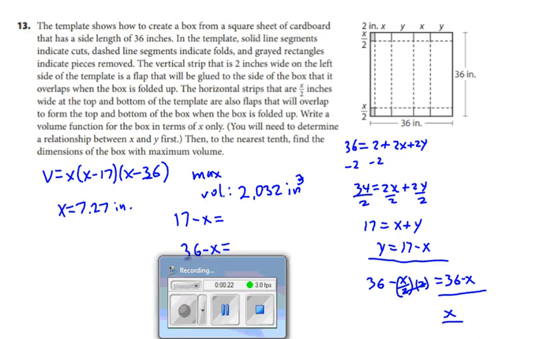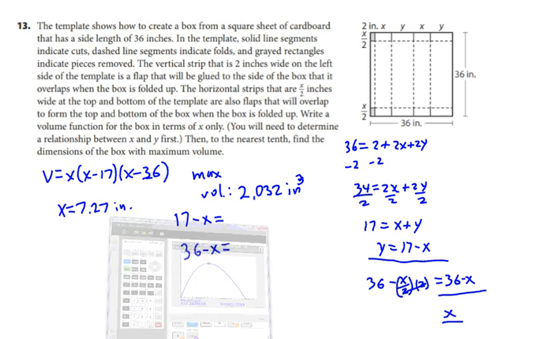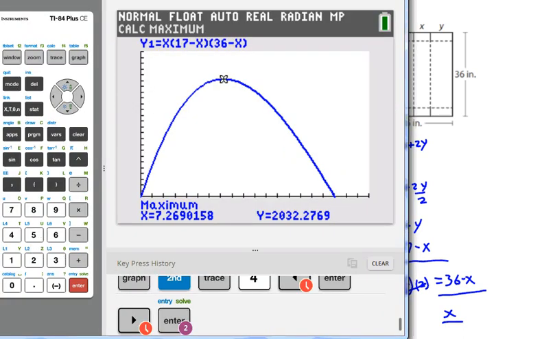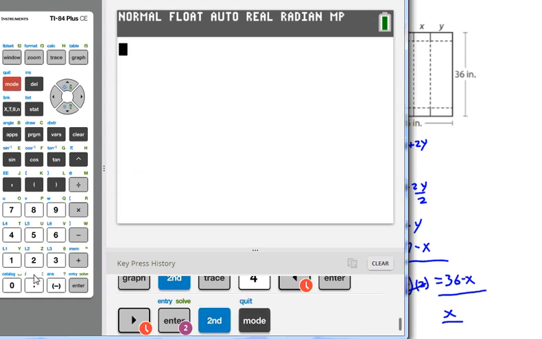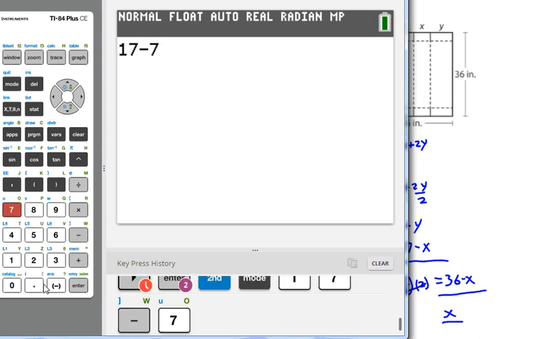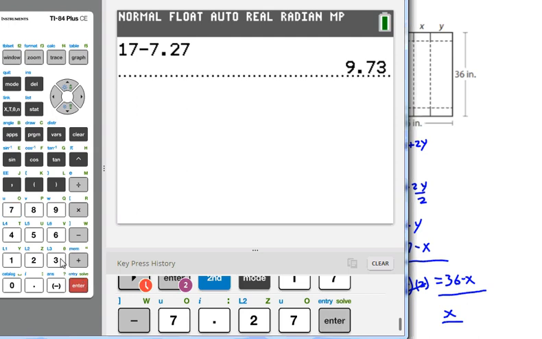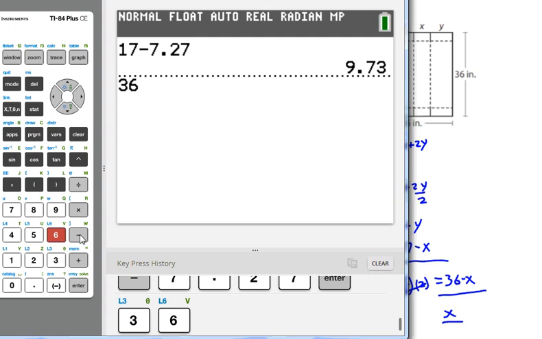So let's go ahead and do that. 17 minus 7.27. And we're going to have 36 minus 7.27.